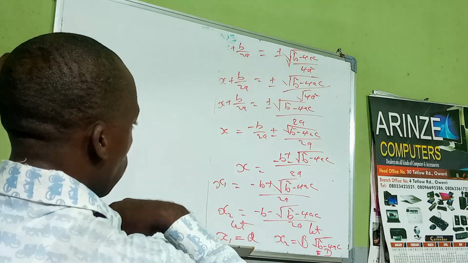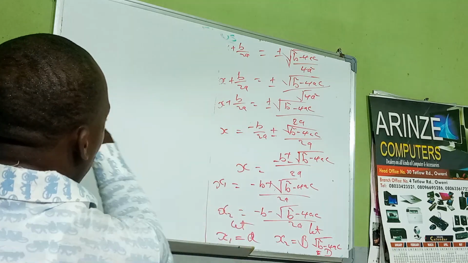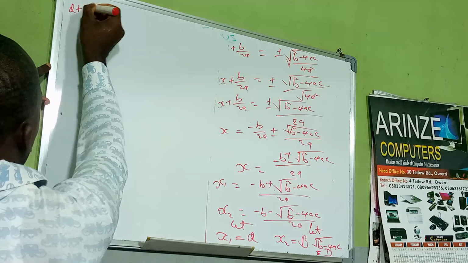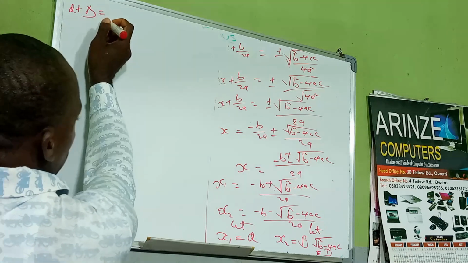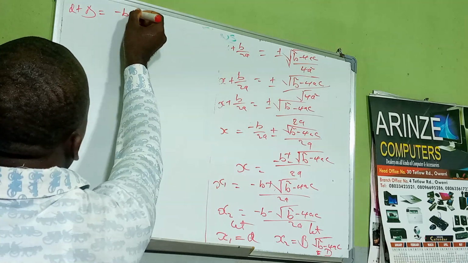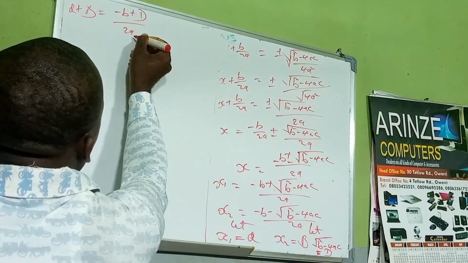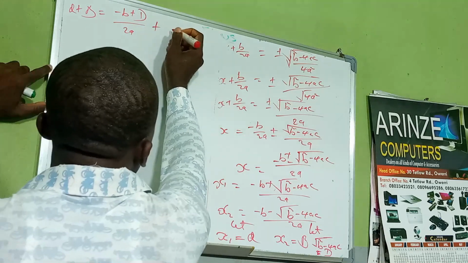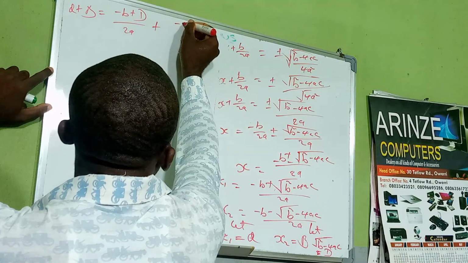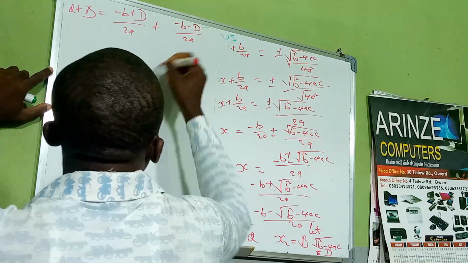So here we have one is minus b plus, one is minus b minus. So we now have that alpha plus beta is equal to minus b plus d all over 2a, then plus minus b minus d all over 2a.